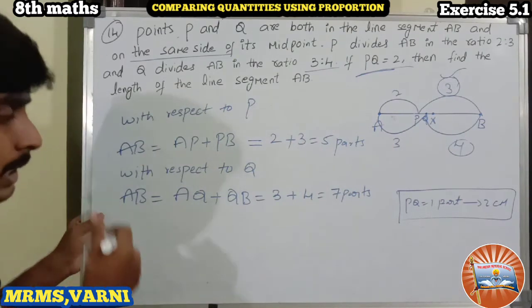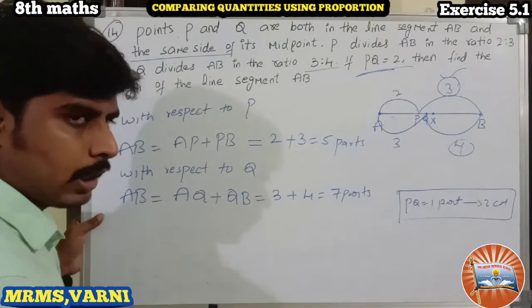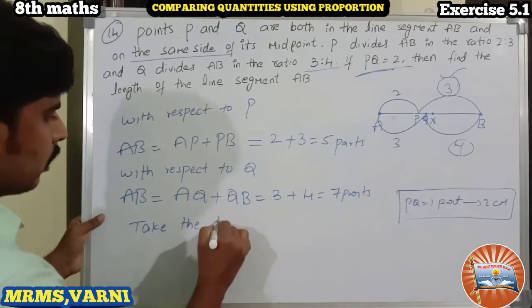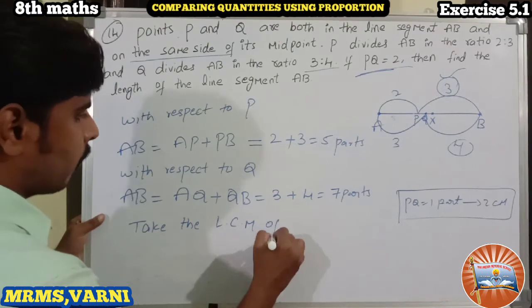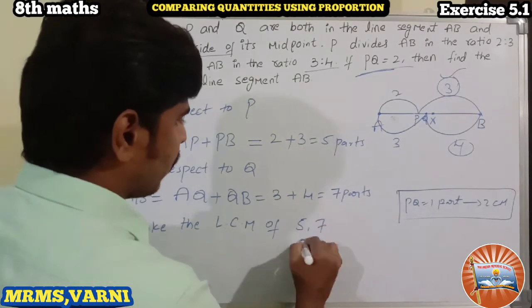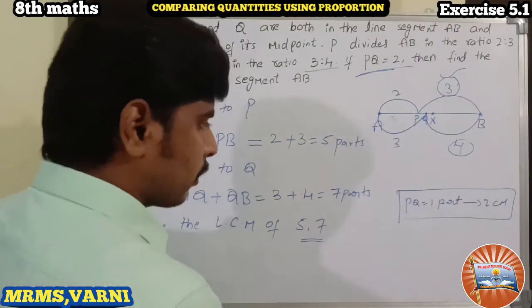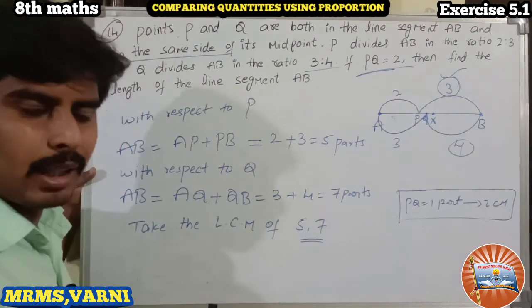So I am going to use the LCM concept to find the length of AB here. Take the LCM of 5 and 7. They are prime numbers, so the LCM is their product.